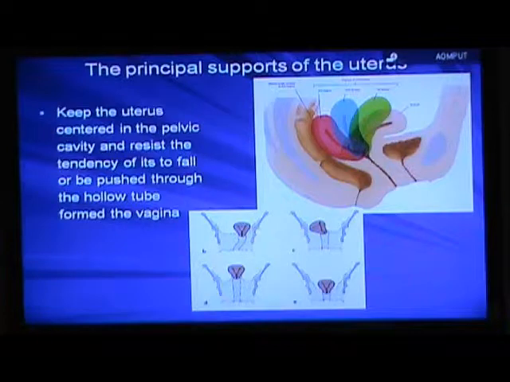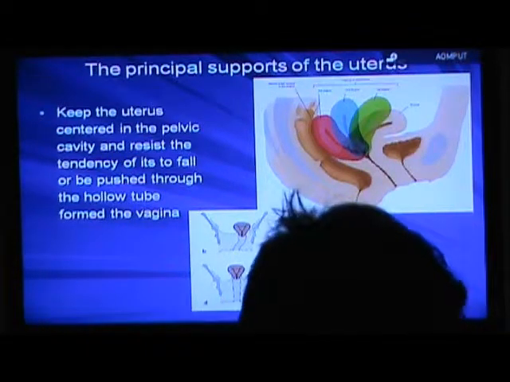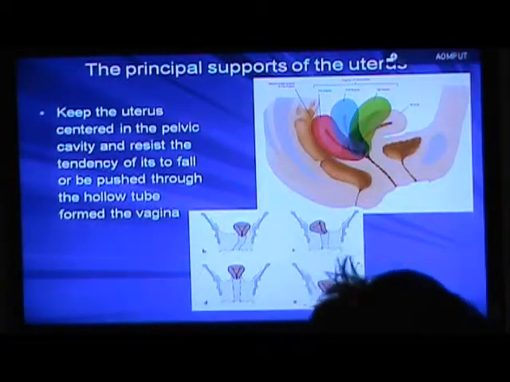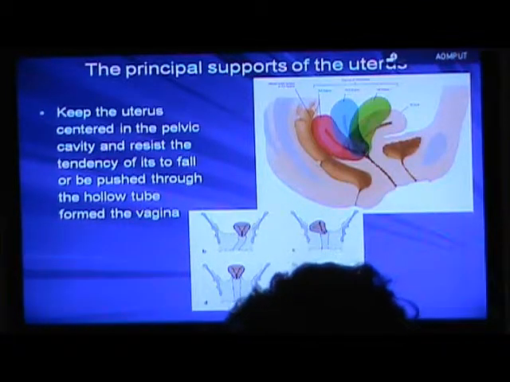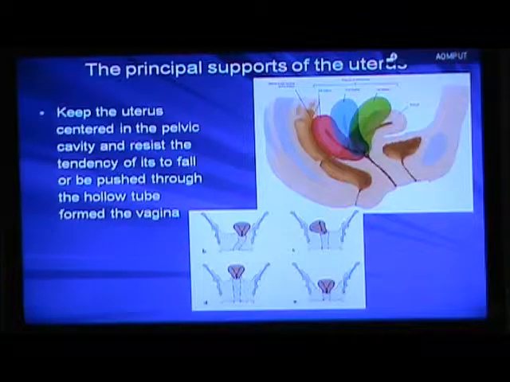The principal supports of the uterus keep the uterus centered, so we remember that it's the median plane, so they keep the uterus centered in the pelvic cavity and resist the tendency of it to fall or be pushed through the hollow tube formed by the vagina.